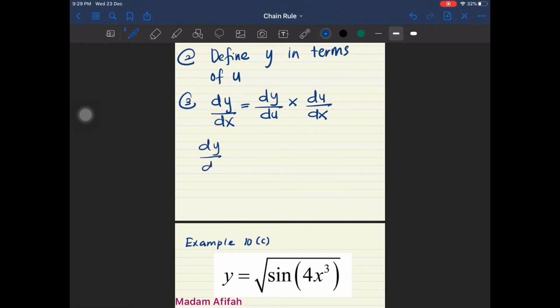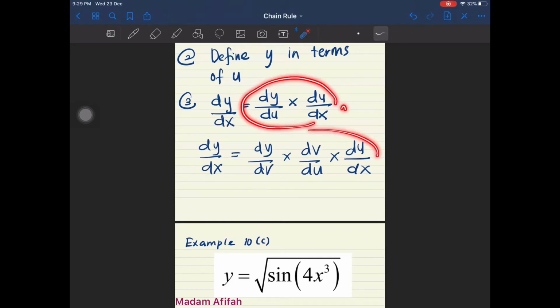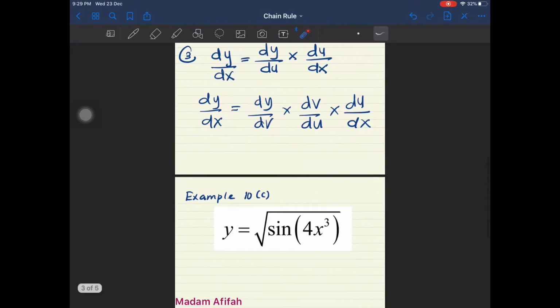Sometimes you might have dy/dx equal to dy/dv times dv/du times du/dx. How are we going to know whether our chain rule goes up until here or up until here? It depends on how you choose your u.